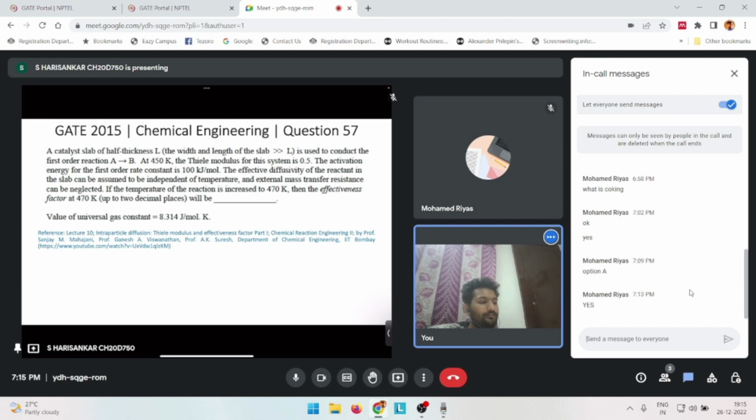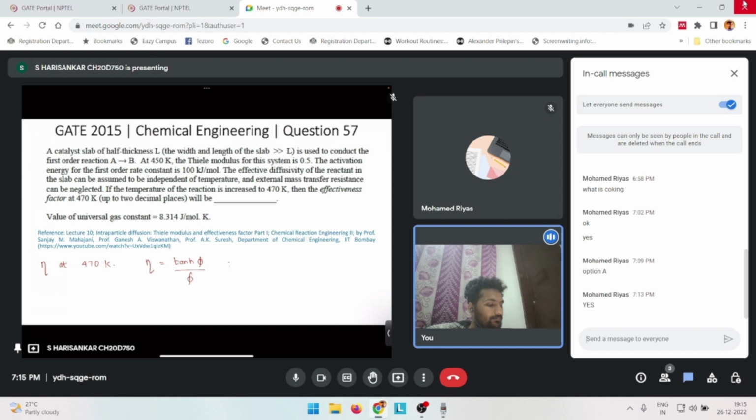So, in this question, our main objective is to find the internal effectiveness factor, which you can represent as eta at 470 Kelvin. And this internal effectiveness factor can be found by using the formula tanh phi by phi.